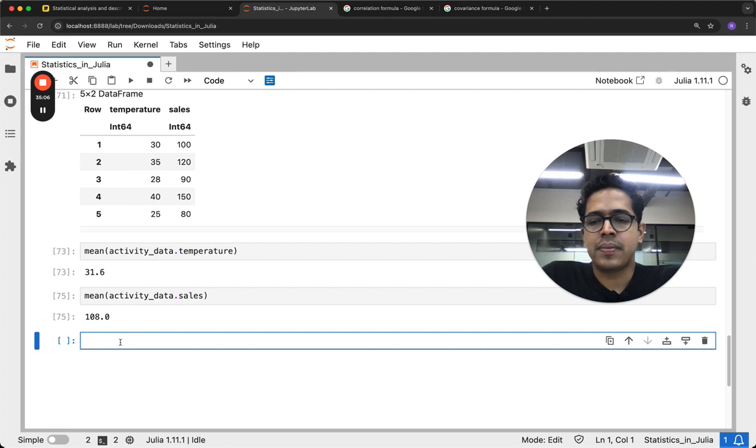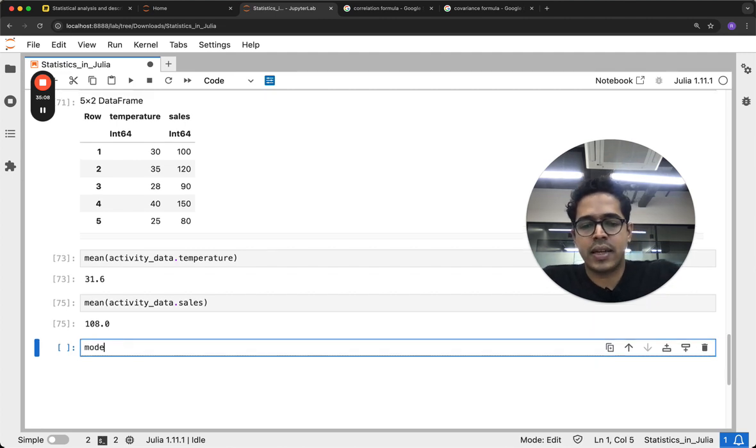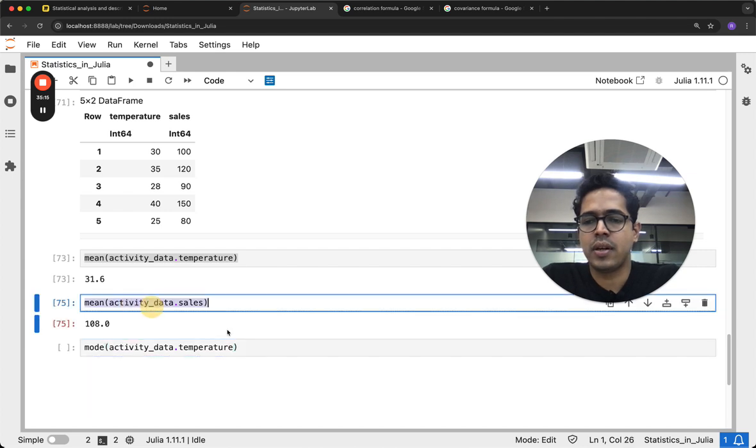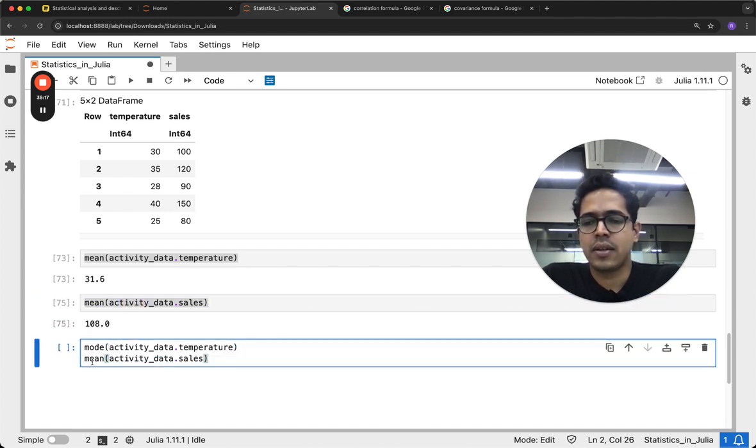Then standard deviation, actually mode, let's calculate. Mode will be exactly the same, except now the function we need to change to mode, and mode of temperature and mode of sales. So here I will print it in two different lines. So print ln and print ln.